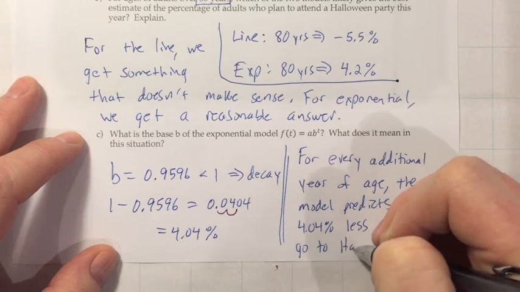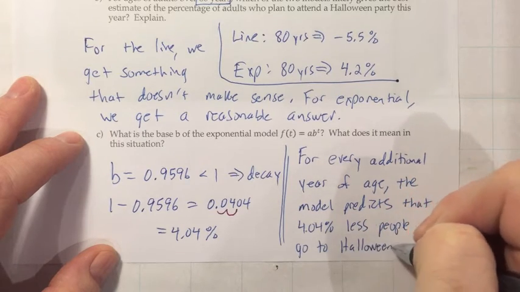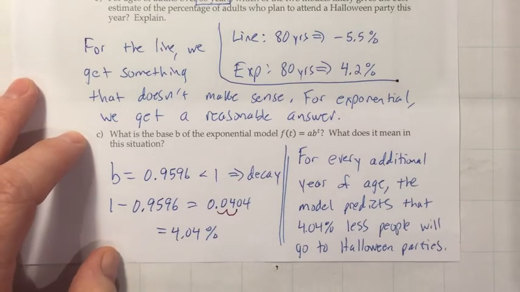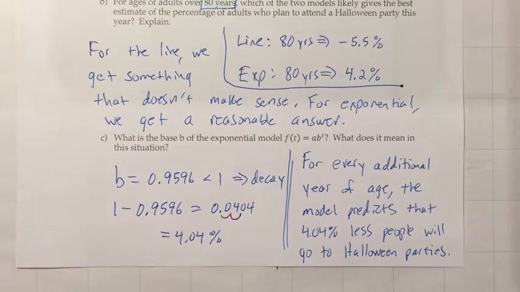And specifically to Halloween parties. So every year that goes by, there's about 4% less going to the party compared to the previous year.